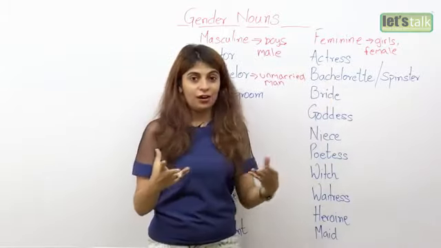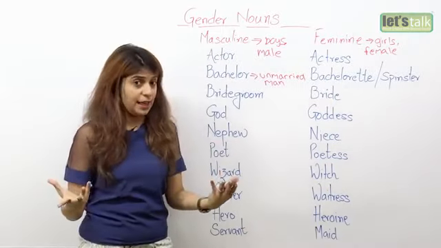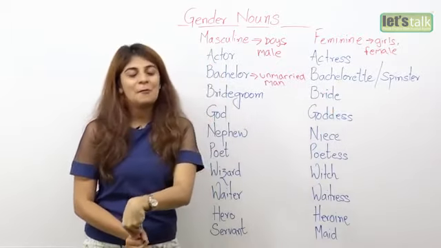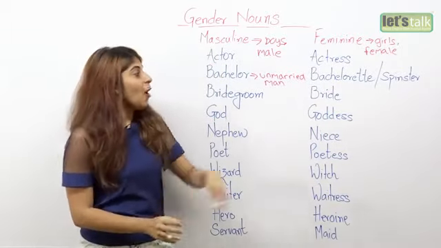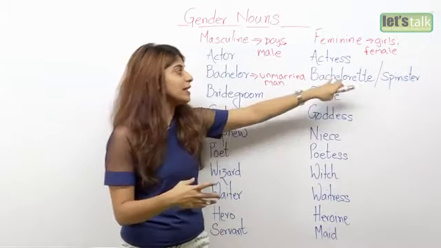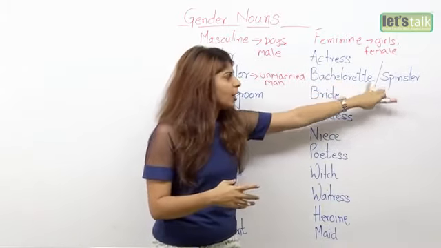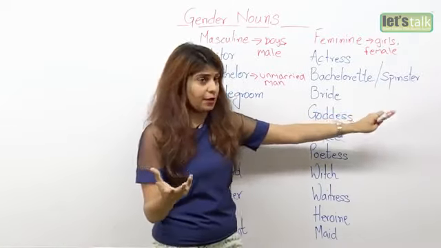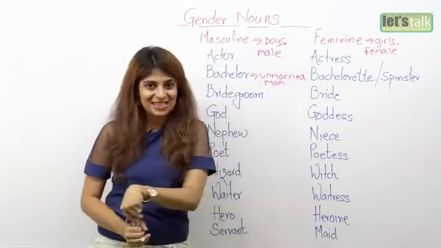Whereas a girl who is not married yet, who is unmarried, is called a bachelorette. Now, a young woman who is not married yet is called a bachelorette. However, a little older woman who's unmarried is called a spinster.